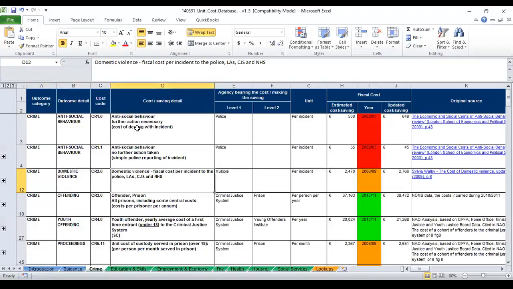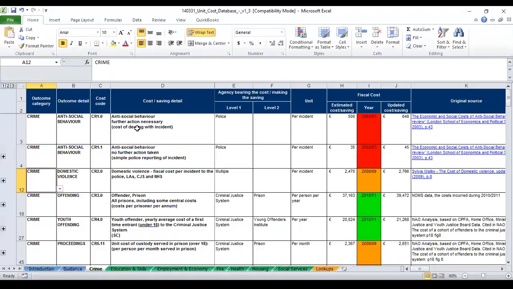So if you find that you're coming up with lots of variations in the figures and the financial savings, the best thing to do is to look and see how they're calculated or where they've come from, and try and find the best source of data. Or alternatively, if there's more than one, then take an average of those two figures if you think they're both kind of valid.